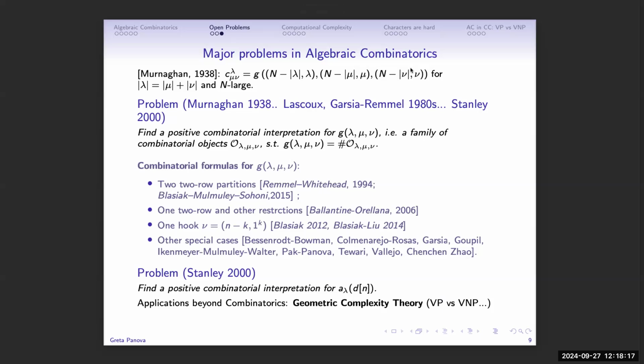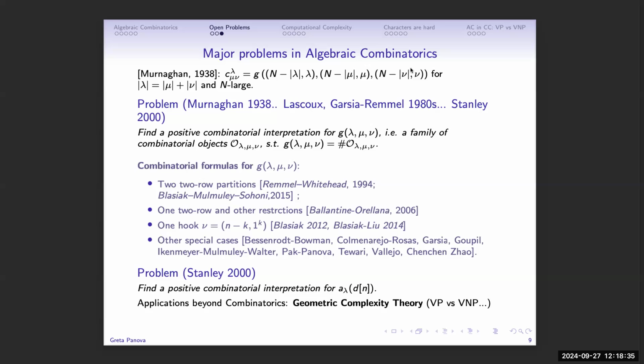But why do we care? Well, besides the combinatorial and representation theoretic sides, this thing comes up in geometry, what's called geometric complexity theory. So this is about distinguishing computational complexity classes.